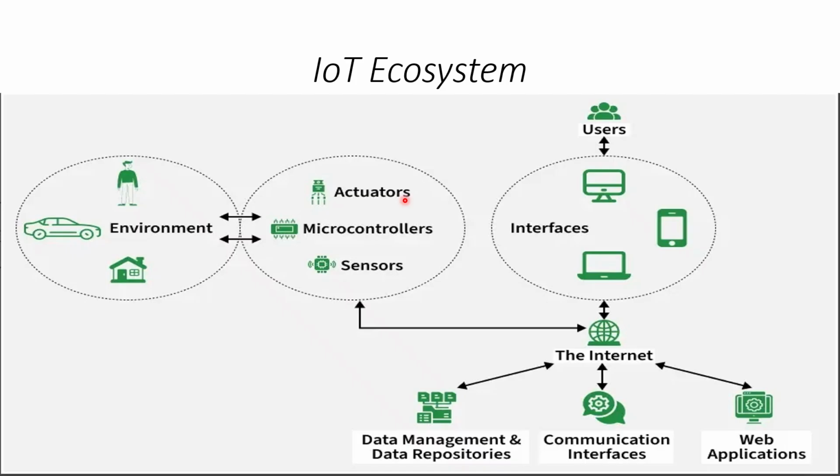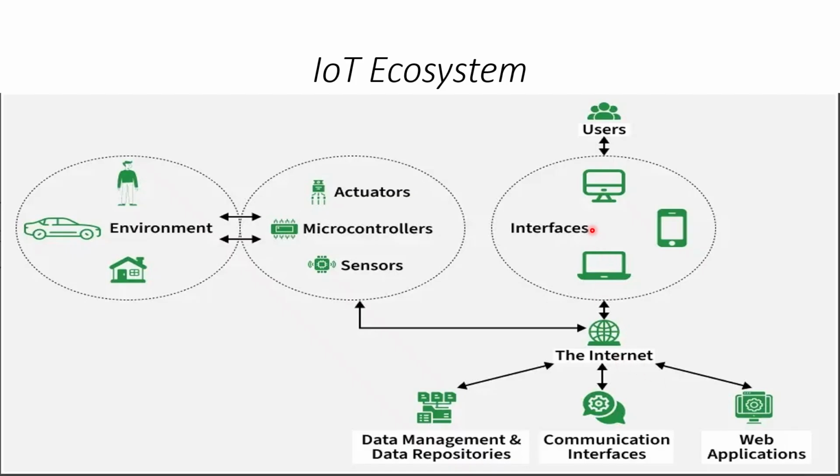Okay, next one we can go for Internet. We all know what is Internet. It is used to connect the IoT device to the cloud services and users. We are going to connect our IoT device to the cloud services and with the users, so it enables remote monitoring, remote controlling and data sharing, etc. Next one is interfaces.